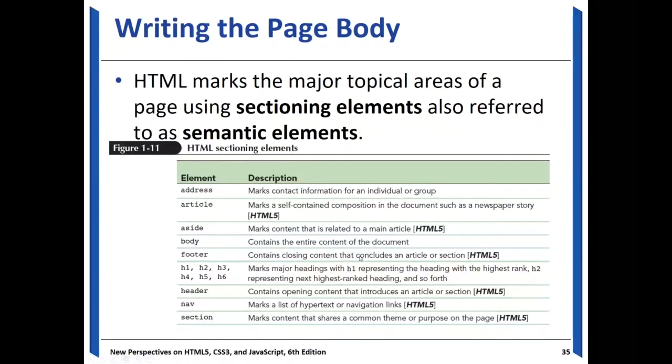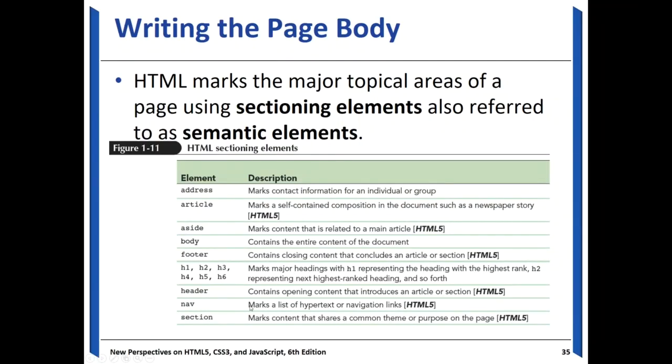It concludes an article or section. Okay, these H tags, these are your different levels of heading. H1 is going to be your highest heading. H2 represents the next level, and so forth as you go through this. Header is going to contain opening content that introduces an article or section. And this is different than the head section.